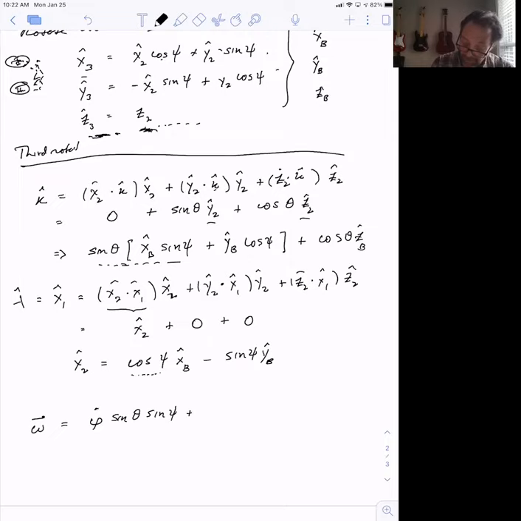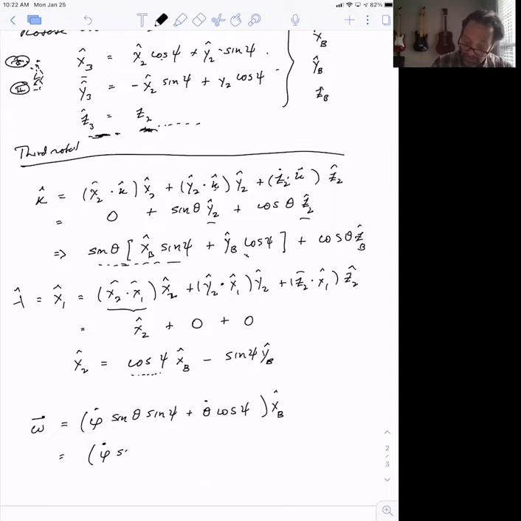So that is plus theta dot. Remember, the line of nodes goes with theta dot. I don't need lambda hat anymore. Now this is cosine psi, and that's x body. And then I have here, let's find y body. y body is right there.